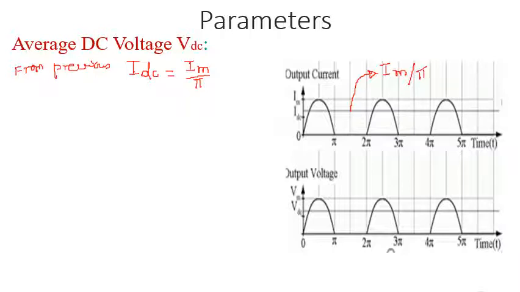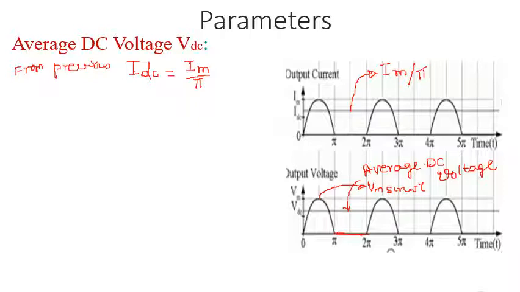Similarly, from the voltage waveform, we can find out the average DC voltage. That line represents the average DC voltage. For one cycle there will be Vm sin omega t for half of the cycle, and the rest of it is 0.